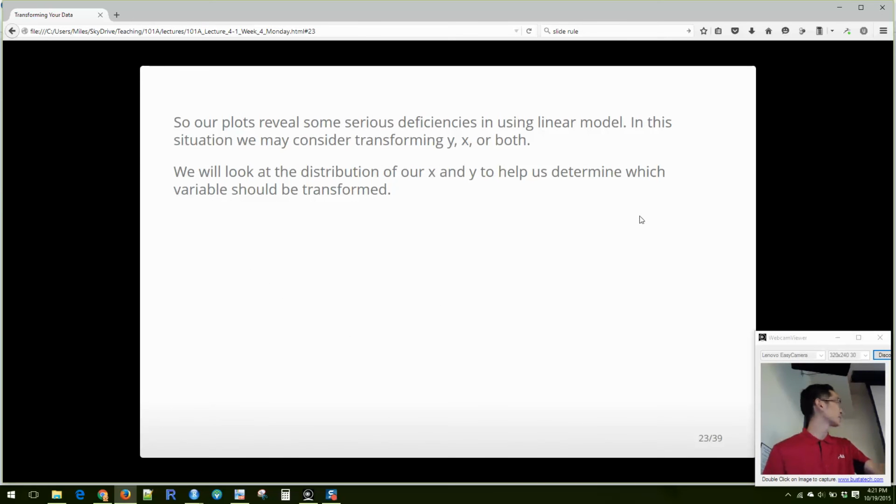So our plot reveals some serious deficiencies in using the linear model, and so we might consider transforming y or x or both. To help us decide, we're going to look at the distribution of x and the distribution of y and determine which variable should be transformed.